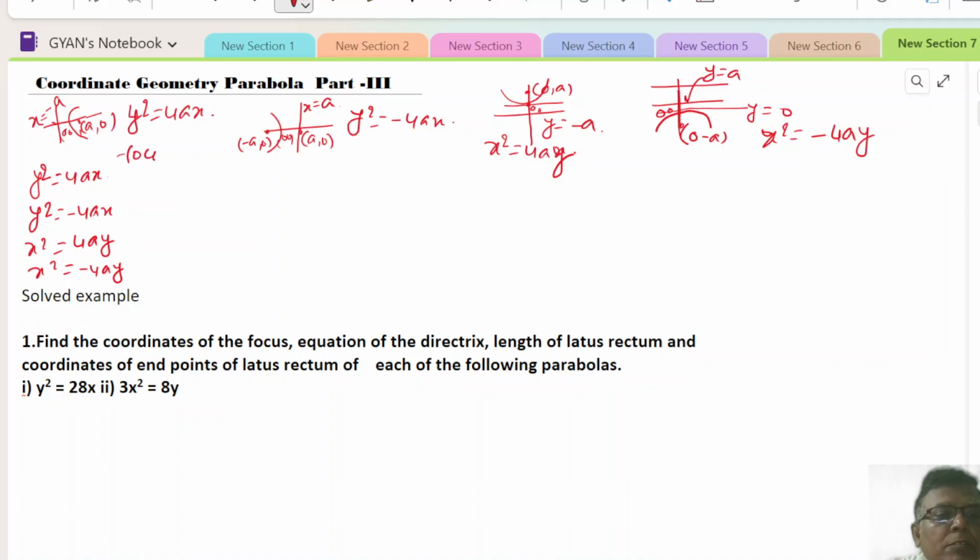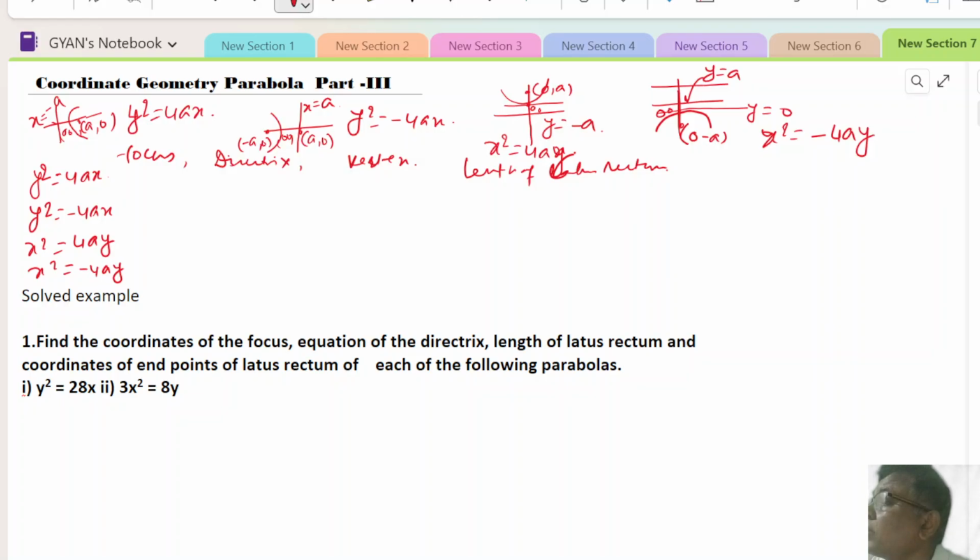Now the focus, directrix, vertex, length of latus rectum, end points of latus rectum, and parametric form.